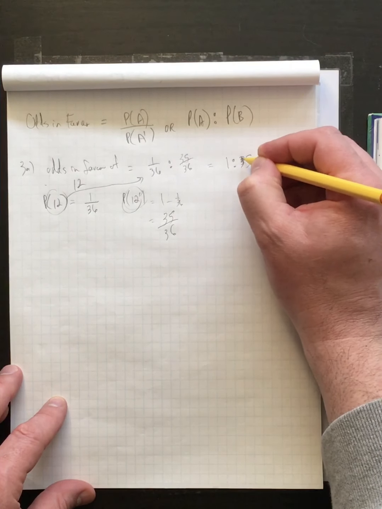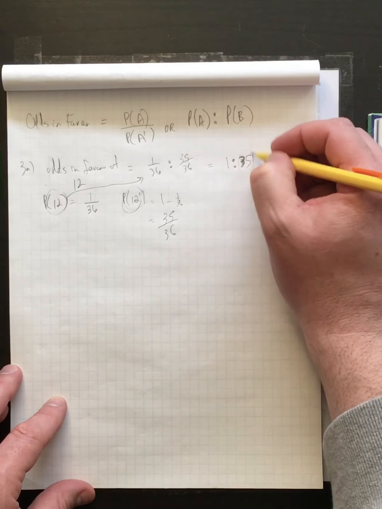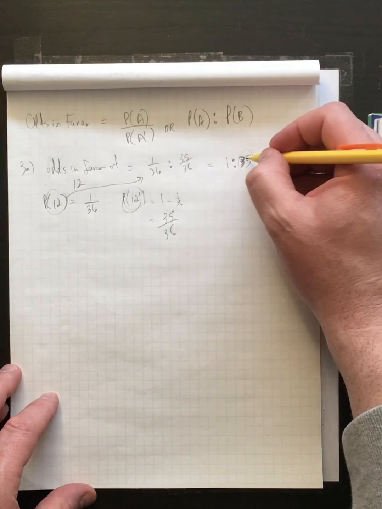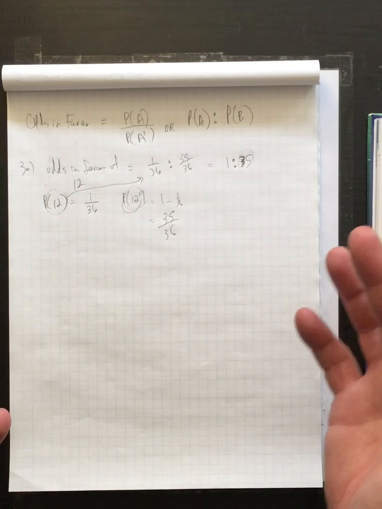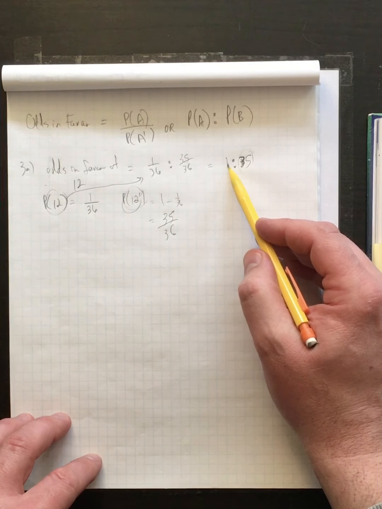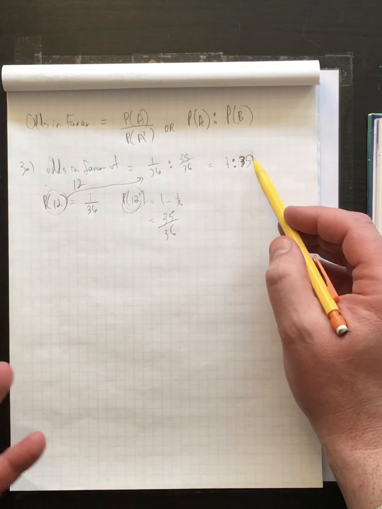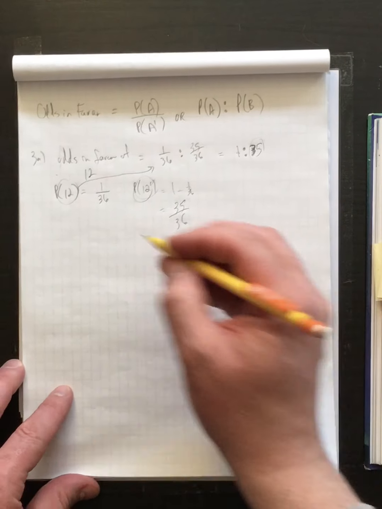That means that it's 35 times more likely to not get a 12 than it is to get a 12. If it's odds in favor, remember, it's happening versus not happening. So it's fairly unlikely that this is going to happen. It's one time it's going to happen in comparison to 35 times it's not going to happen. And that's what we get, a proportional reasoning between those two.